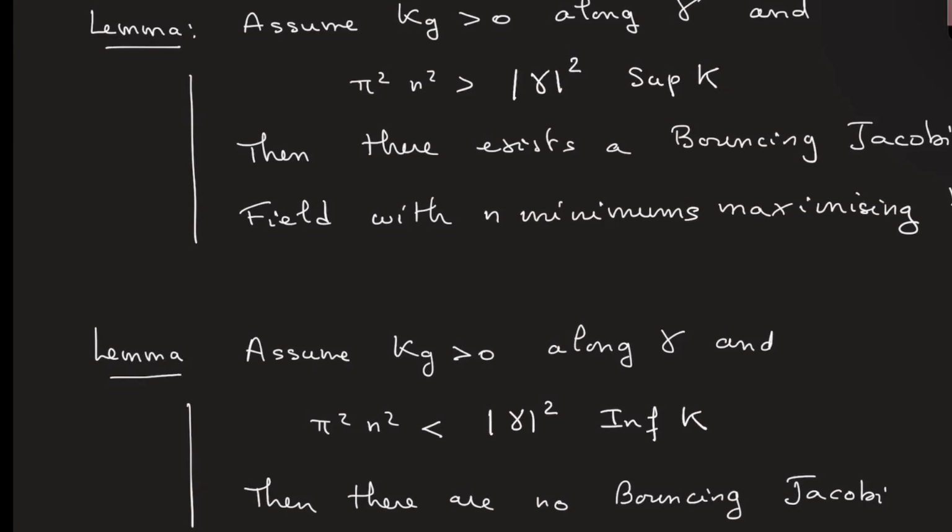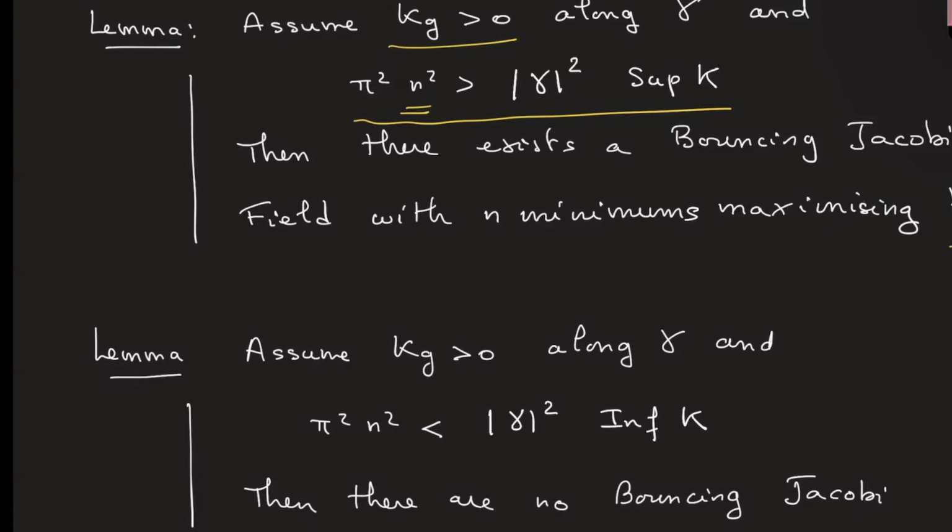The first lemma says that if the Gauss curvature is positive along the geodesic, and if n, which is the number of points where this bouncing Jacobi field will take the value 1, is large enough, so the inequality is exactly this one, then there exists a bouncing Jacobi field with m minimum. And in fact, you can even prove that this bouncing Jacobi field is obtained by maximizing this energy Hn.